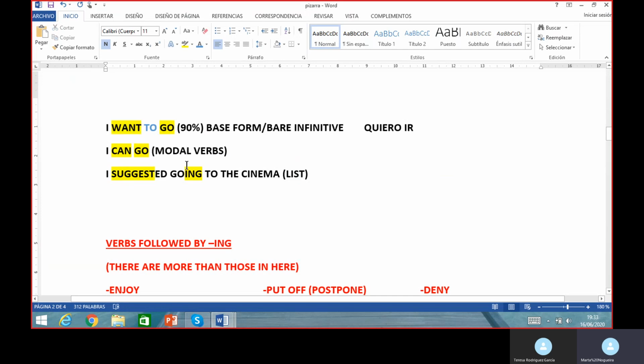We put the subject, we put the verb, and after that, we put to and the base form. Okay, in case of modal verbs, we put one verb after the other. Okay, and this happens with modals, like I can go, I must go, I might go, I may go, I could go. Okay, and some verbs need to be followed by ing, and for this we've got a list.